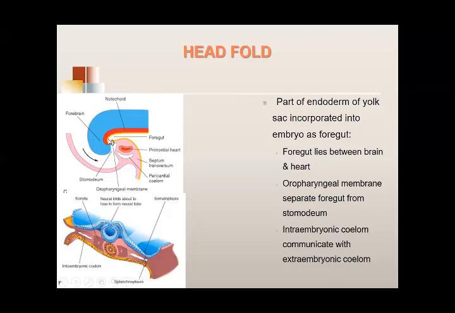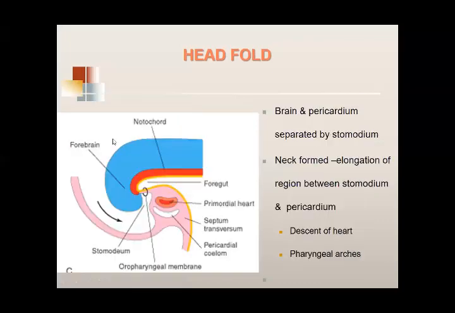So when this oropharyngeal membrane ruptures, the mouth will come in contact with the pharynx. In this picture, you can see that the brain and the developing heart are separated from each other by the oropharyngeal membrane. This is the stomodium, and this is the cranial most part of the foregut, which is the pharynx.